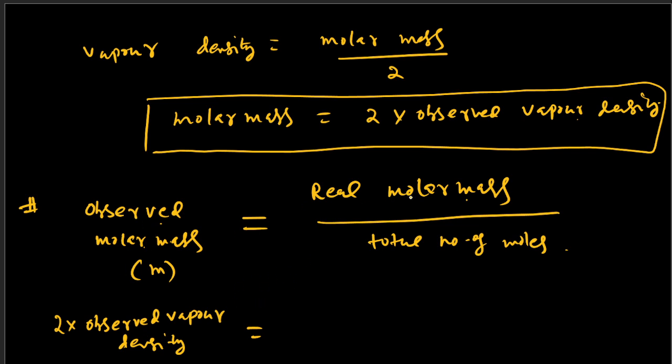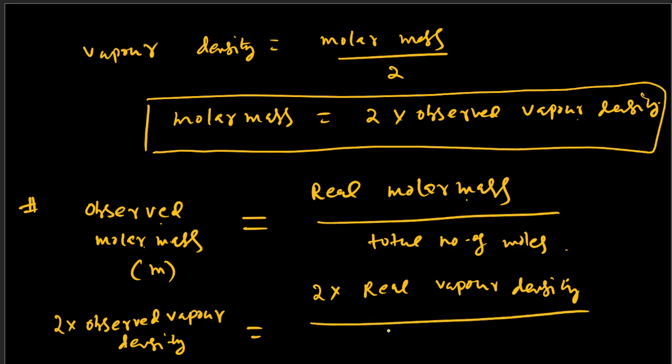So here 2 into observed vapor density, and the real molar mass is also 2 into the real vapor density, divided by the total number of moles.